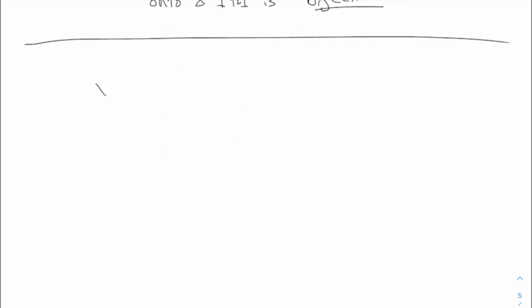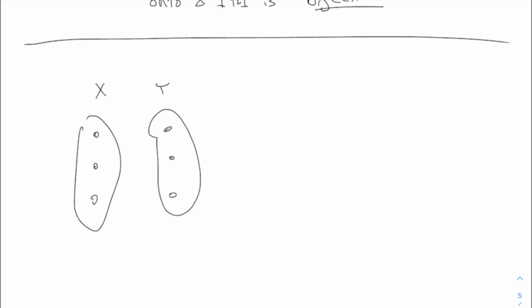For example, if I have X and Y, let's just write them as if they were finite sets. You can think of this as a dots and arrows kind of diagram. I'm going to illustrate a function here by drawing a bunch of arrows. What about arrows like this? So f of this point goes to there, f of this point goes to there also, f of this point goes to there. Is this one-to-one? They are saying no. Why not? Because these two points go to the same point. So this is not one-to-one.